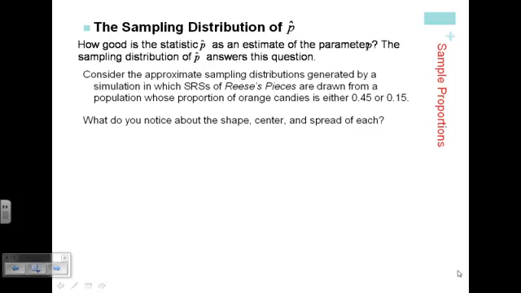Let's consider doing many, many samples of Reese's Pieces and looking at, again and again, what proportion of them are orange. Let's start with an assumption. What would happen if exactly 45% of all Reese's Pieces were orange?